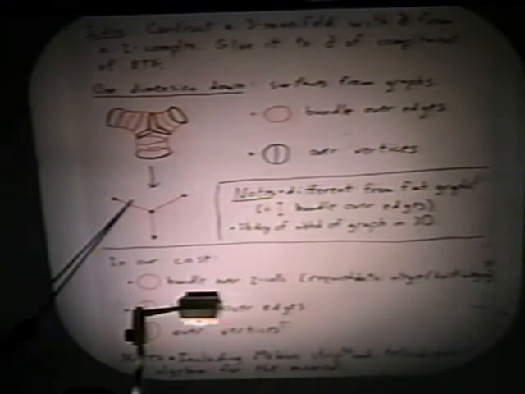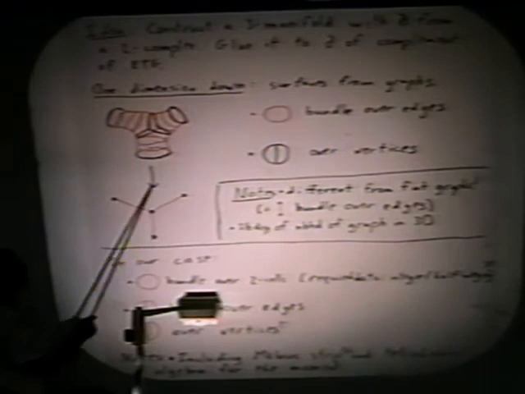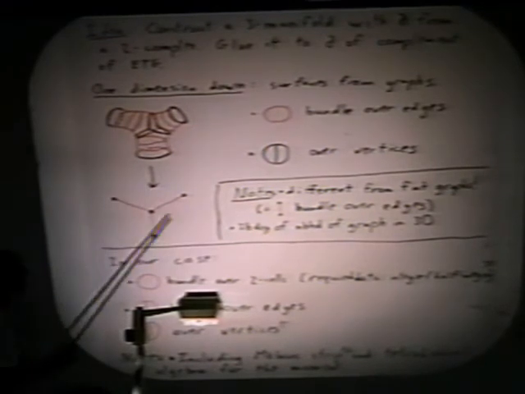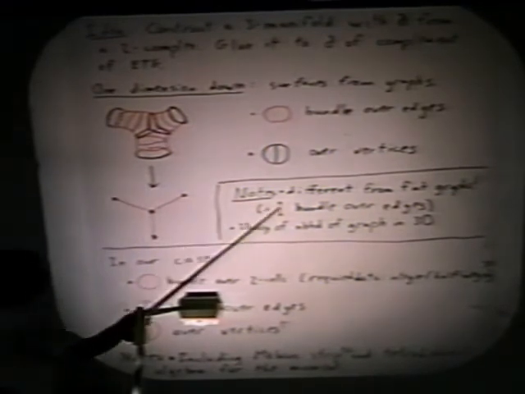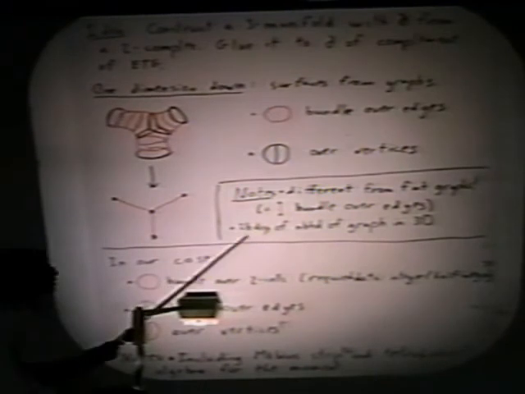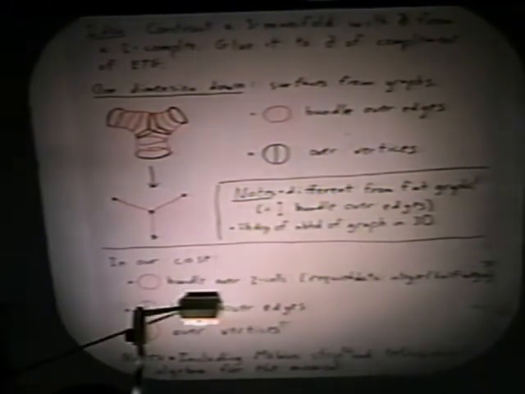For instance, you can thicken your graph a little bit and form a little flat graph. This is not what I want to do. Instead of taking an interval bundle over the edge, I want to take a circle bundle. The other comment is that this is equivalent to embedding your graph in R3 or in any three manifold, however you want, and taking a little regular neighborhood of it.